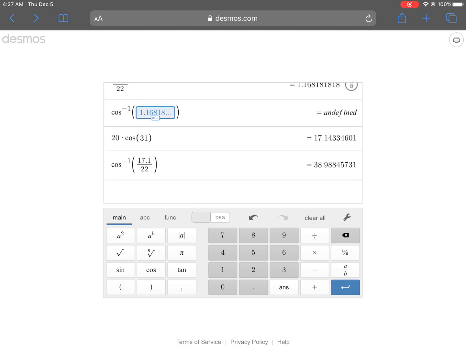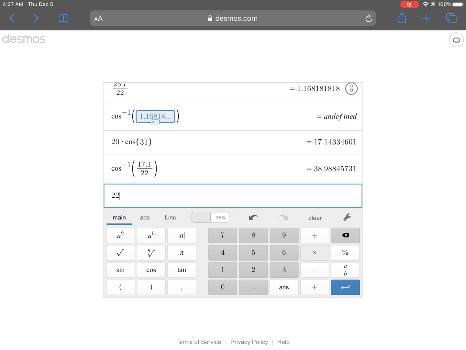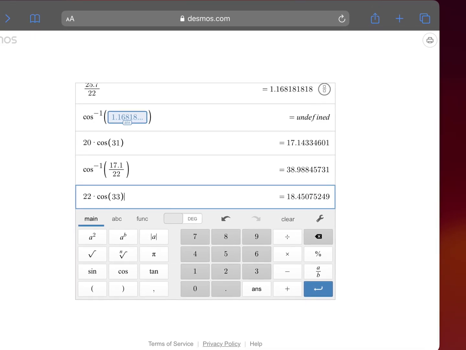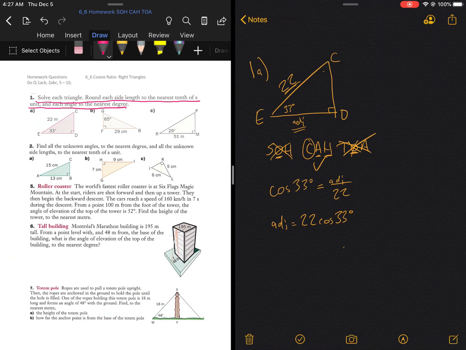Let's solve that. 22 times cos of 33, and the answer is 18.5. Adjacent equals 18.5. So let's write that in.